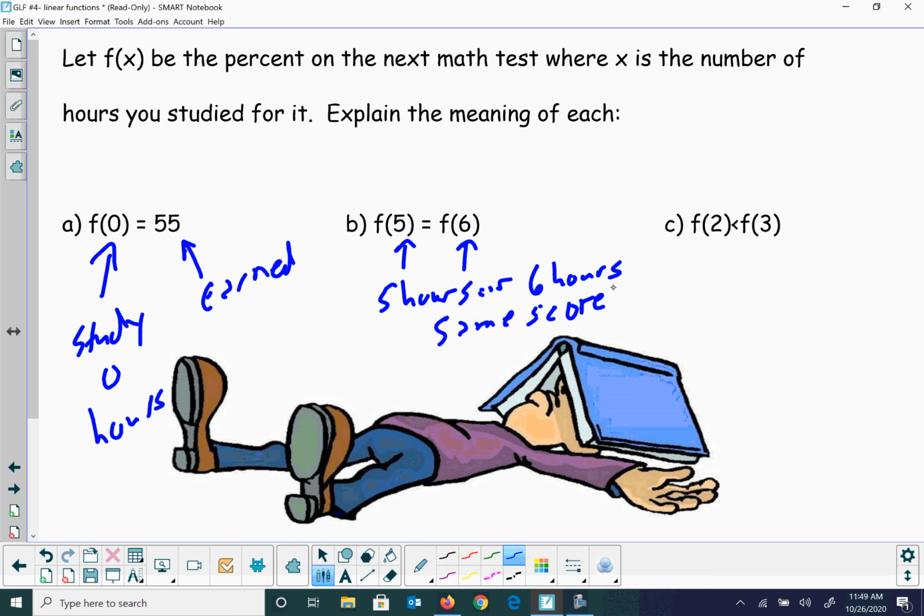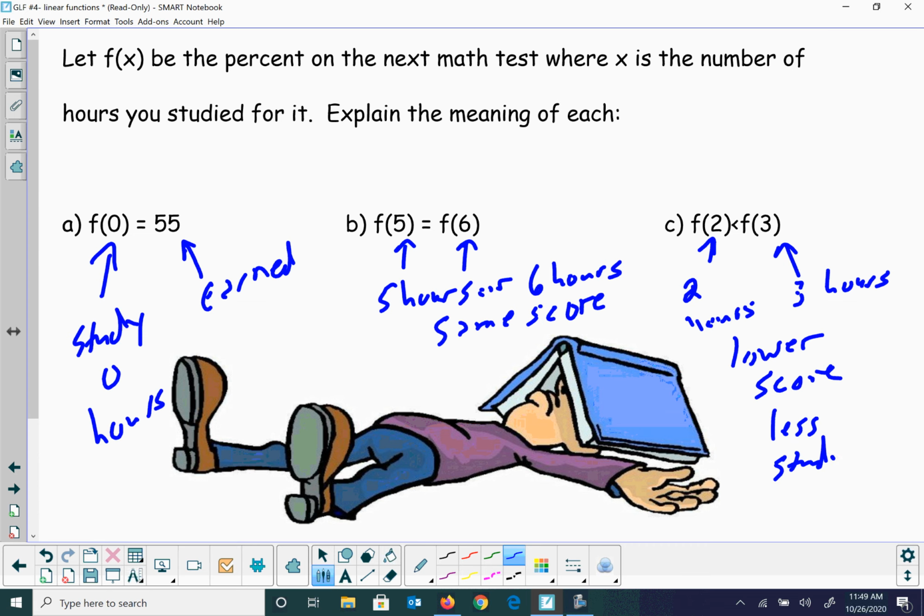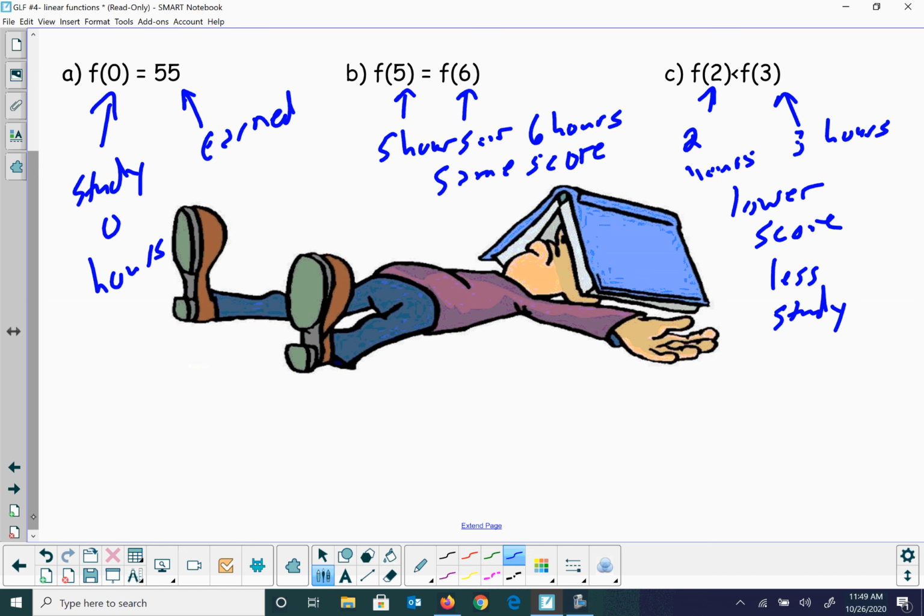If you study that much for a math test, that's too much. And then if I study 2 hours, I get a lower score than if I study 3 hours. So a lower score for less studying. And again, that's still a lot of studying for one math test.